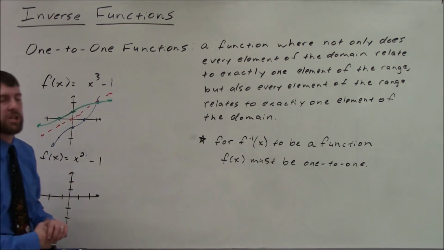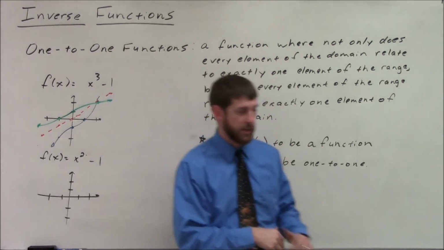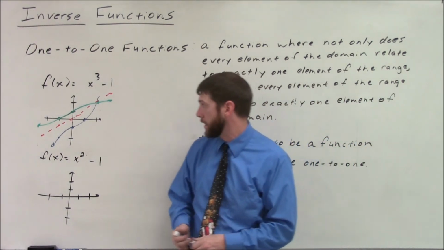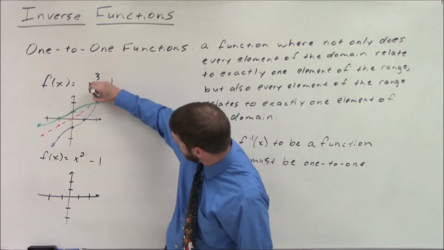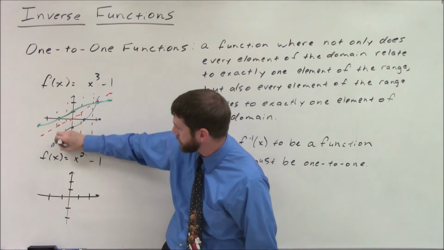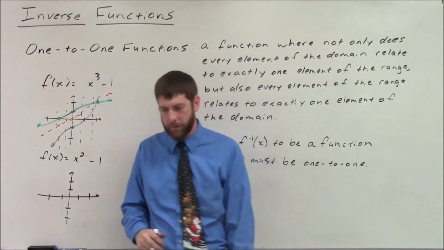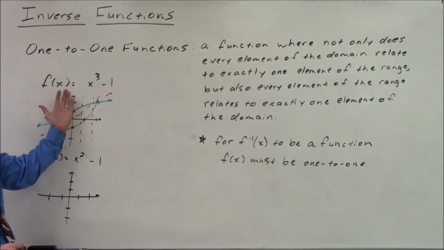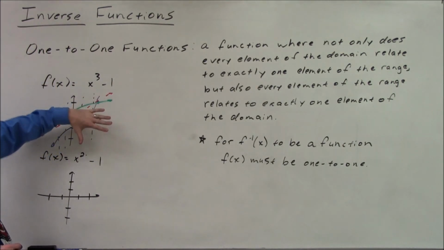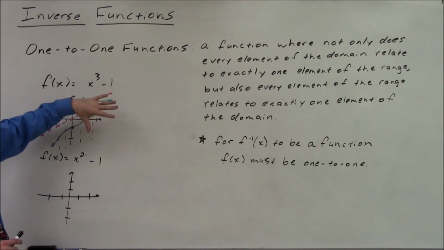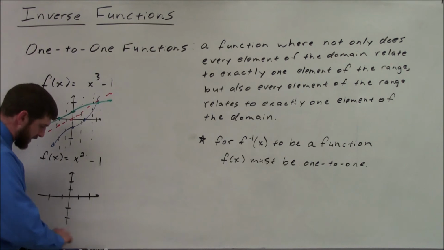Well, think about how we check the graph of a function to see if it is a function. We use the vertical line test, correct? Well, on my original function, if I do the vertical line test on it, it passes. It's a function. X cubed minus 1 is a function. Good job. Well, when I take that graph and I reflect it across this line, my vertical line test for my function has become what line test for the inverse function? It's become a horizontal line test.